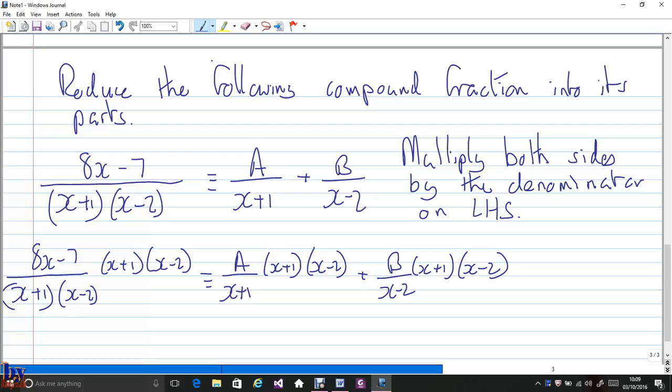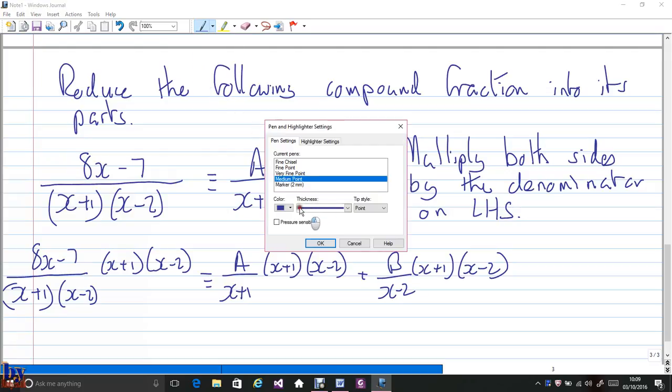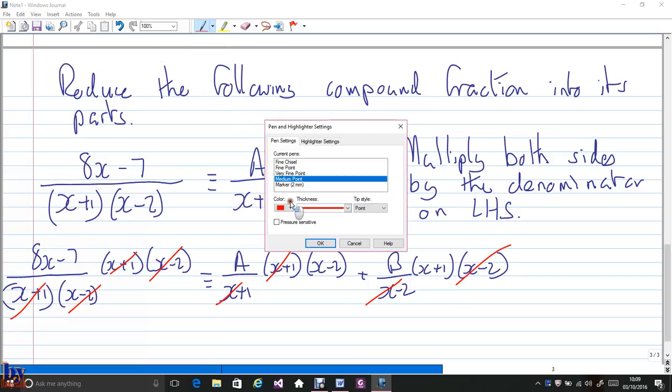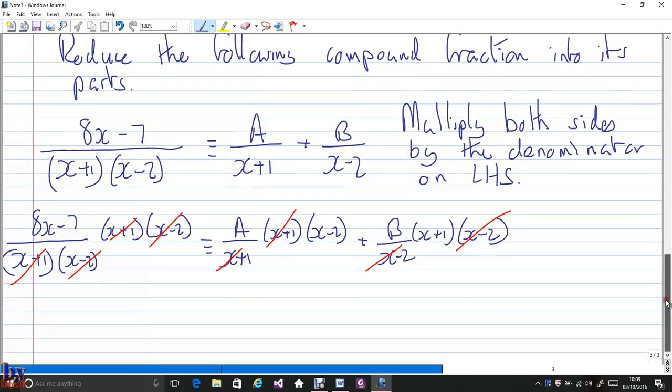I'll just change my pen colour. I'm hoping you can see that that and that will cancel with that and that, and that will cancel with that, and that will cancel with that. And if we do that, you can see we're left with what I think is an easier expression.